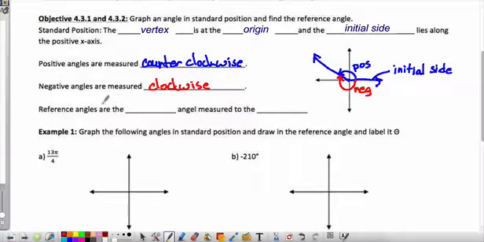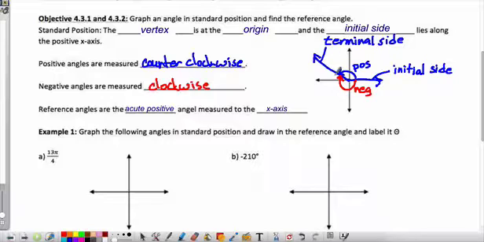Okay, reference angles are the acute positive angle measured to the x-axis. So let me get one more thing in here before we talk about that. If this is the initial side, this is the terminal side. And that's going to come up later on. Okay, I'm not going to label the vertex. Hopefully you know what that is, but it's getting kind of crowded here.